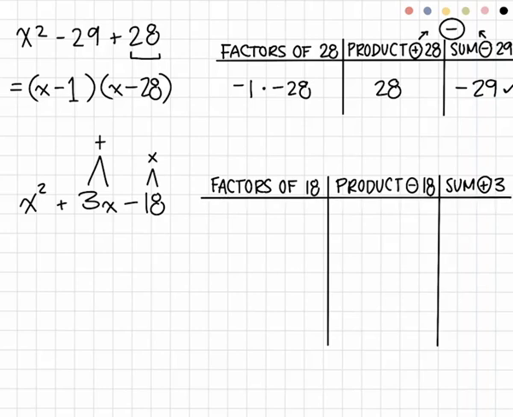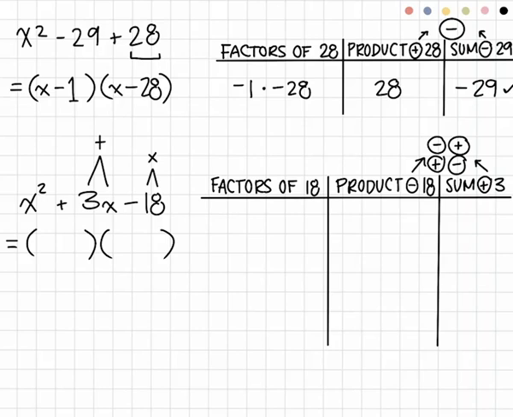Okay, so now I have a negative product. So when I have a negative product and a positive sum, that means that when I am working with the terms inside my brackets, one of them has to be negative and one of them positive. So it's either going to be negative and positive or positive and negative inside my brackets.